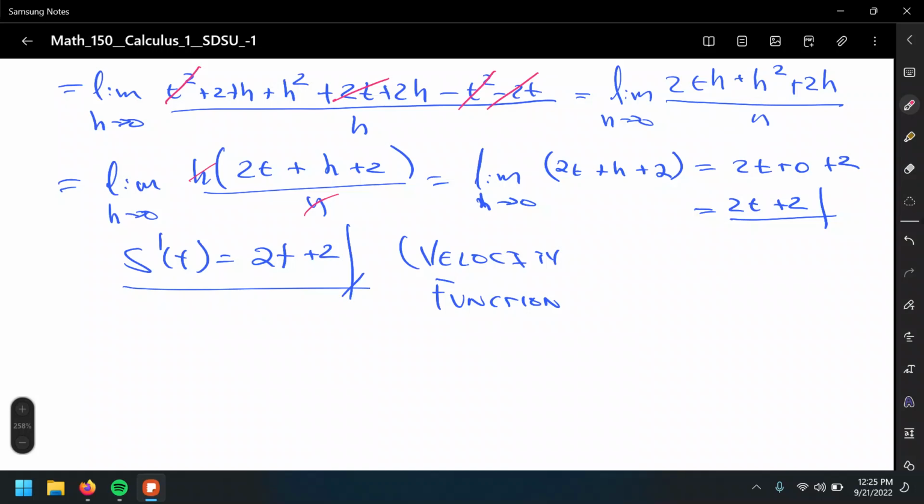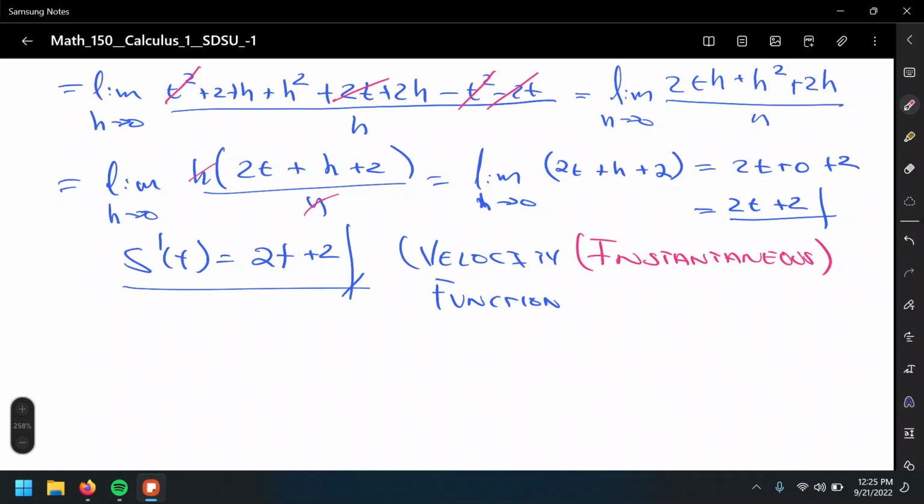We're not using the secant to find the average velocity. This time we're looking at the instantaneous velocity. So now we can find what's the speed of the car at any particular time, not just the average.